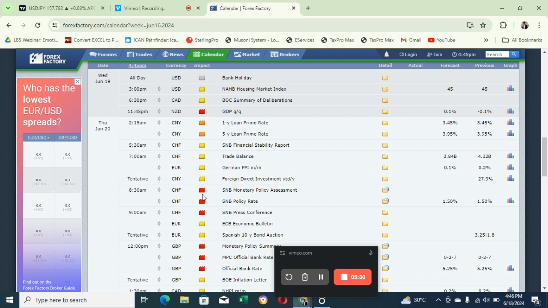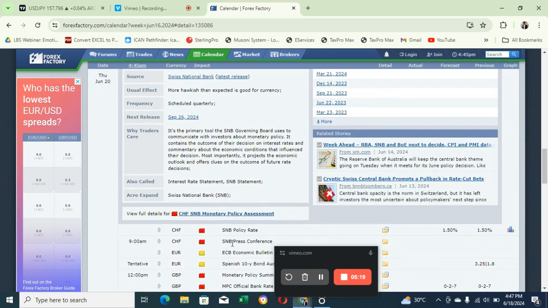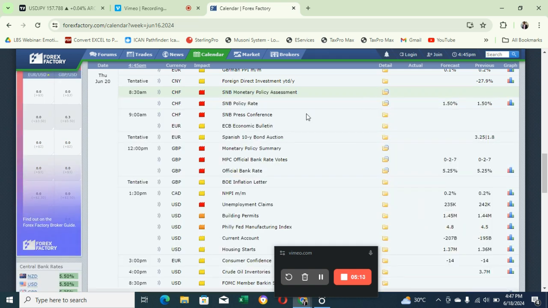Another news on Thursday, high impact news, is from the Swiss franc currency. You can see the news coming out and it relates to interest rate, so it may likely have high impact on their currency pair.